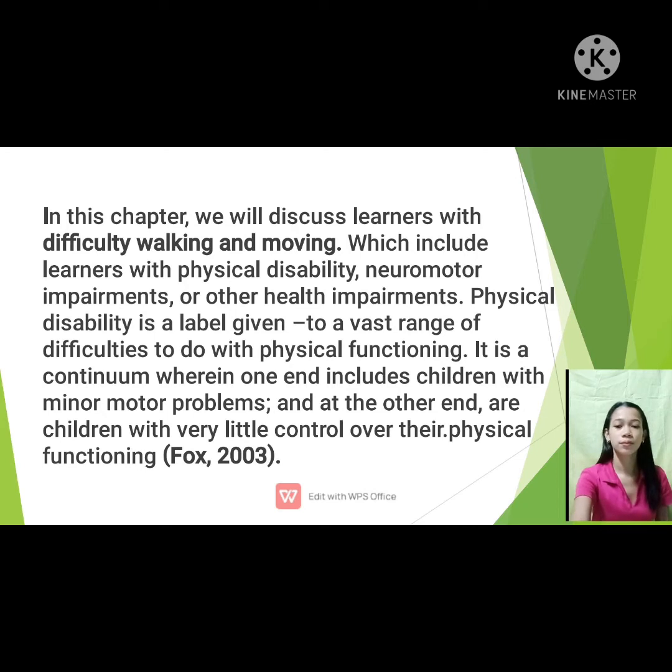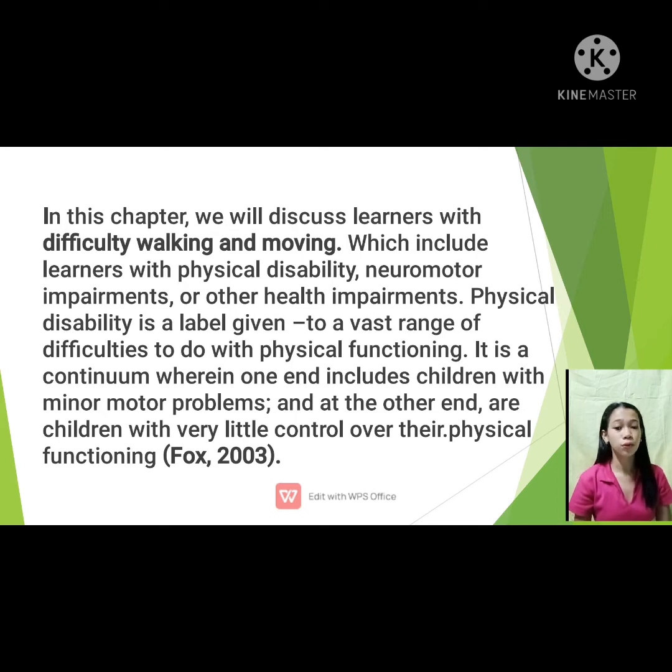Next, in this chapter, we will discuss learners with difficulty walking and moving, which include learners with physical disability, neuromotor impairments, or other health impairments. Physical disability is a label given to a vast range of difficulties to do with physical functioning.